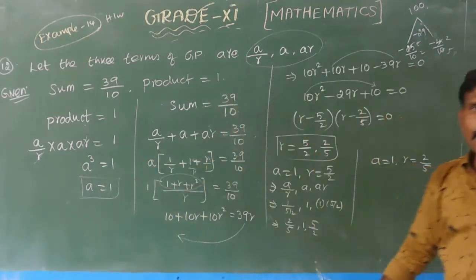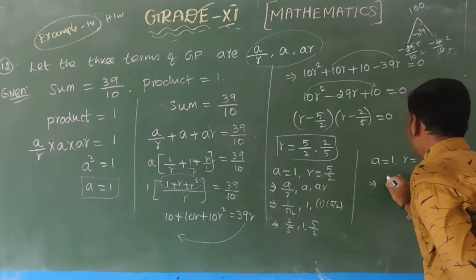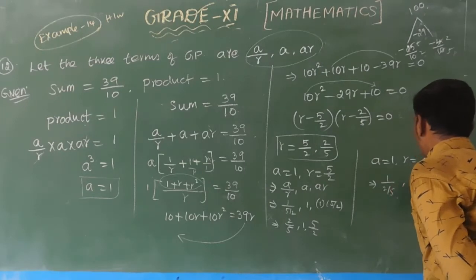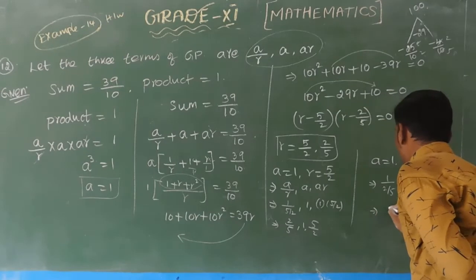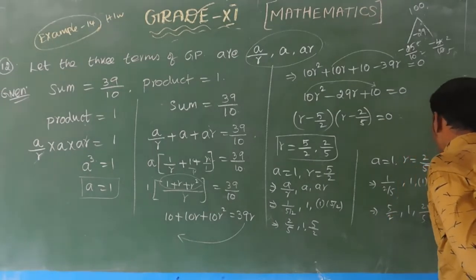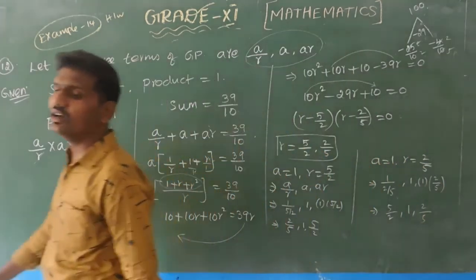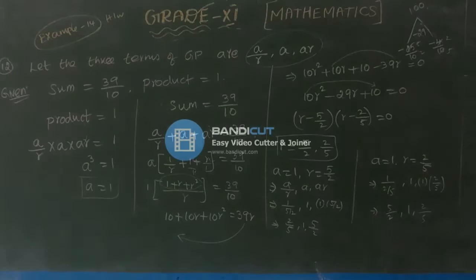As per the same, here also you are going to take the values. So a by r means 1 by 2 by 5, comma 1, comma 1 into 2 by 5. So the final answer is 5 by 2, comma 1, comma 2 by 5. So these are the terms of the GP. Yes students.